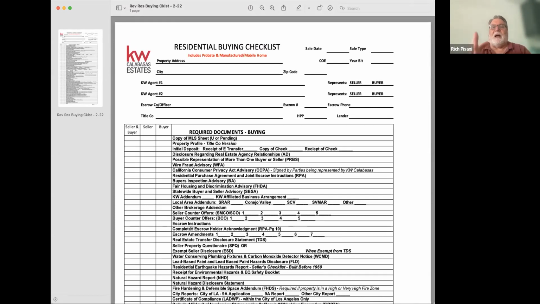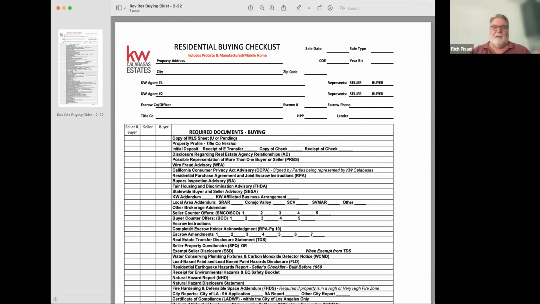This is a residential buying checklist, which includes now probate and manufactured homes, because you still use the new RPA for probate and manufactured homes, and you just add the addendum, whichever is appropriate, either the probate addendum or the manufactured mobile home addendum.